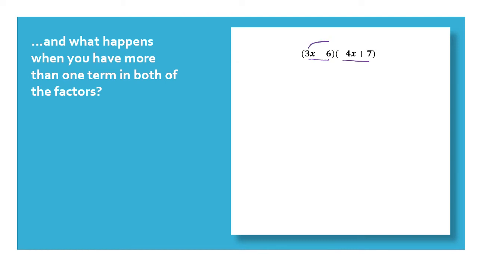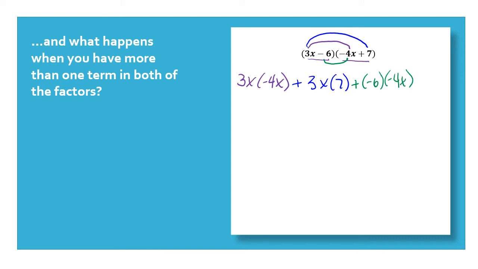So I'm going to take 3x times negative 4x. I'm going to take 3x times positive 7. I'm going to do negative 6 times negative 4x. And then I'm going to do negative 6 times positive 7.